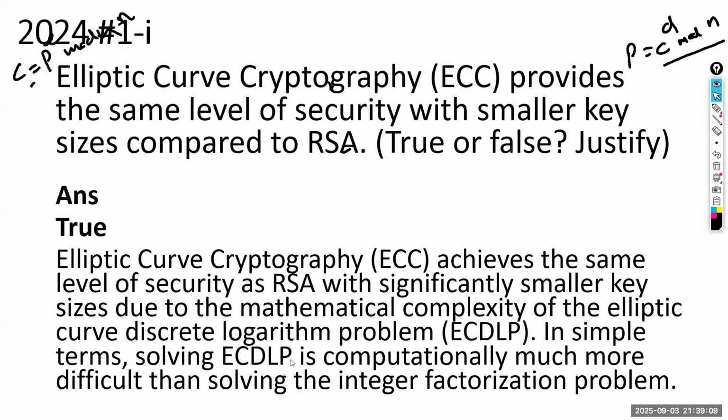In simple terms, solving the elliptic curve DLP is computationally much more difficult than solving the integer factorizing problem. So remember, integer factorizing is used in RSA. But in elliptic curve, we use that doubling and so on, which are much more complicated calculations. So therefore, it gives you better strength. Okay? Better strength.